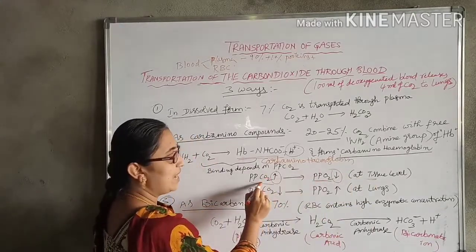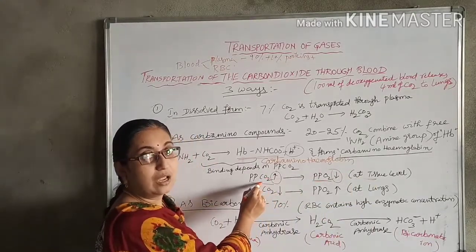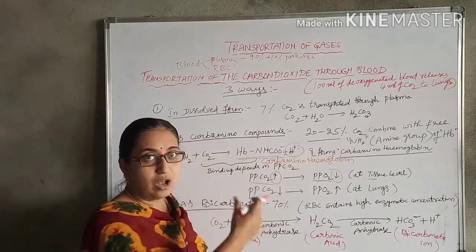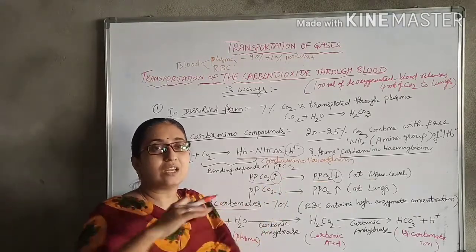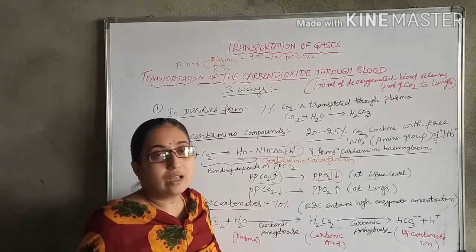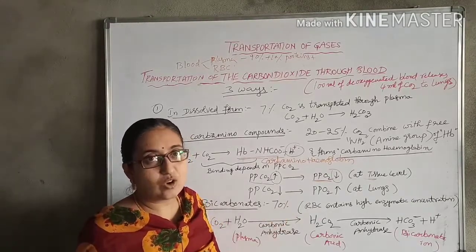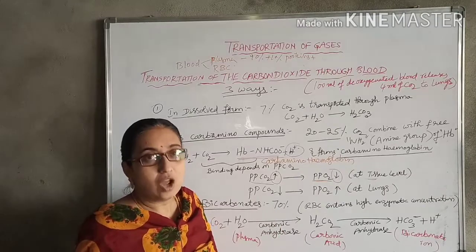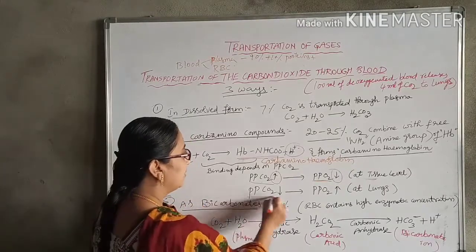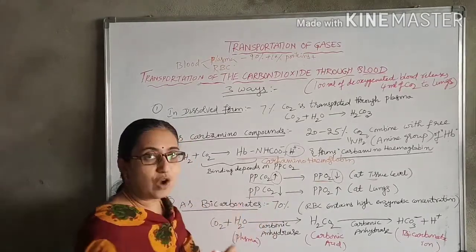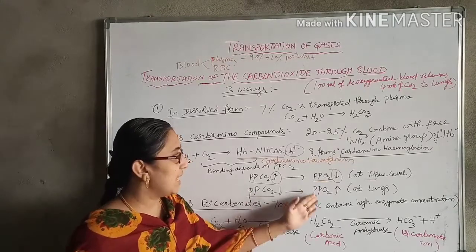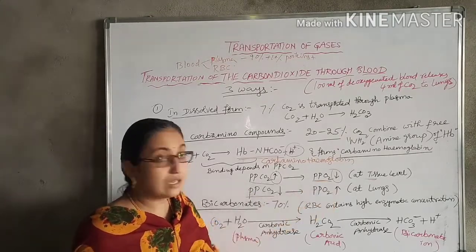The partial pressure of carbon dioxide is always more at the tissues, whereas oxygen will be less, because the tissues do work and get exhausted, so they require more oxygen. At the lung level, the partial pressure of carbon dioxide will always be less, whereas the partial pressure of oxygen will always be more.